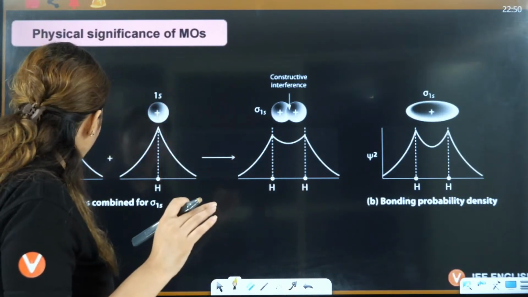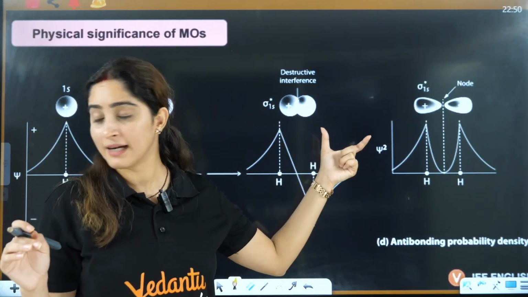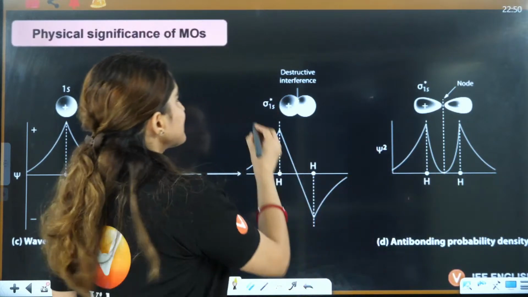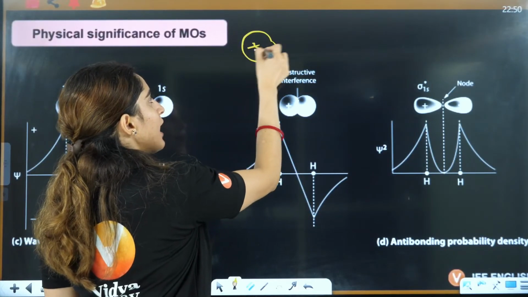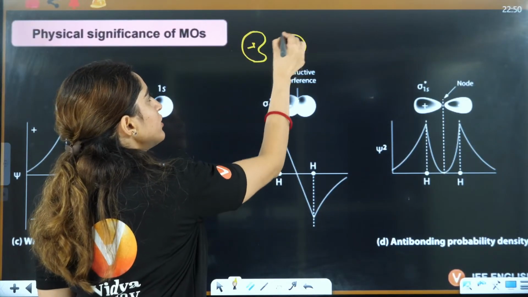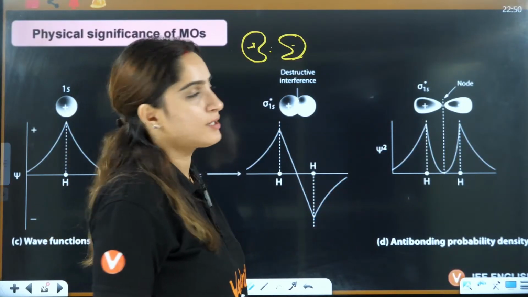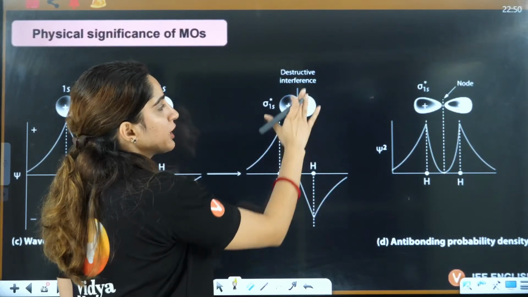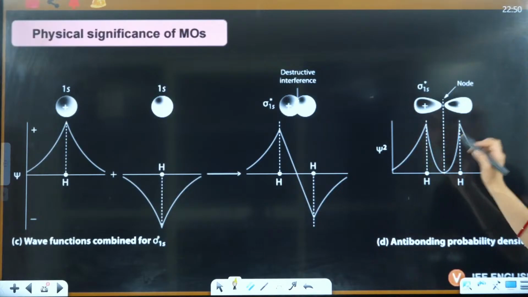But when you have plus and minus, that is destructive interference, that leads to anti-bonding molecular orbital. Because plus and minus are combining, when they combine there will be the formation of a node also here. So this part will be the nodal part, right? Because that will cancel, plus and minus will cancel here, and hence you will have a nodal plane here.